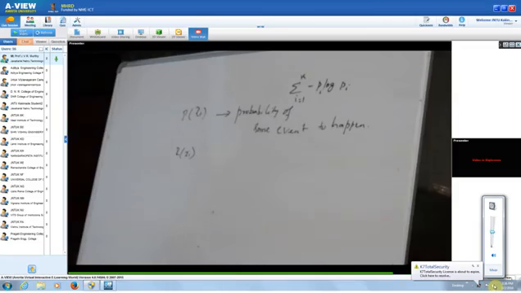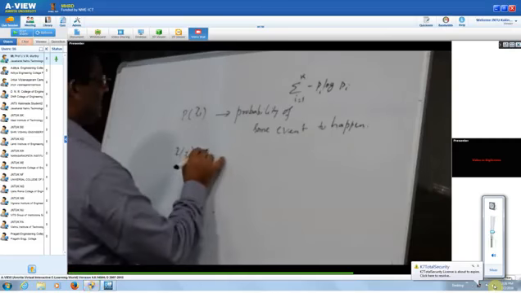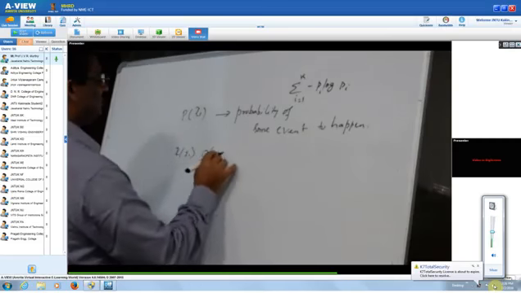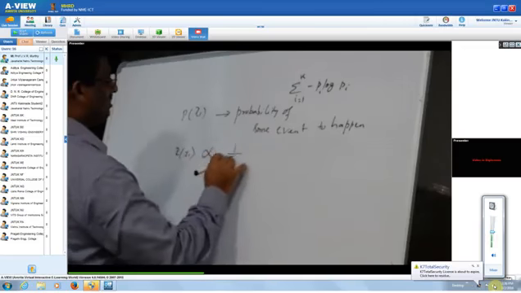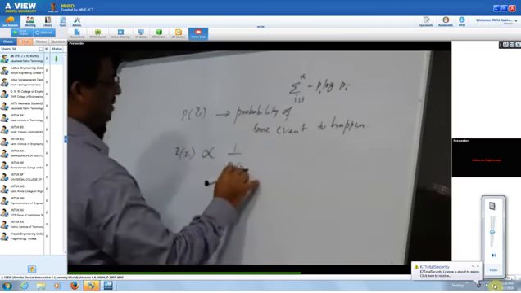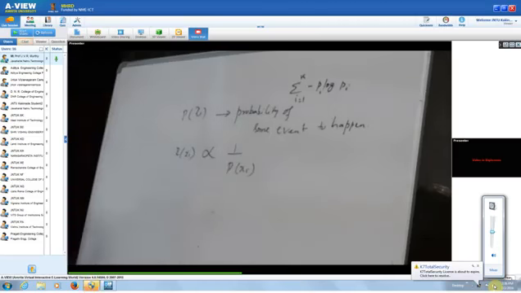So hence we say that information xi is proportional to 1 by P of x, right? Because we said inverse proportion. Inverse proportion means 1 by P of x.